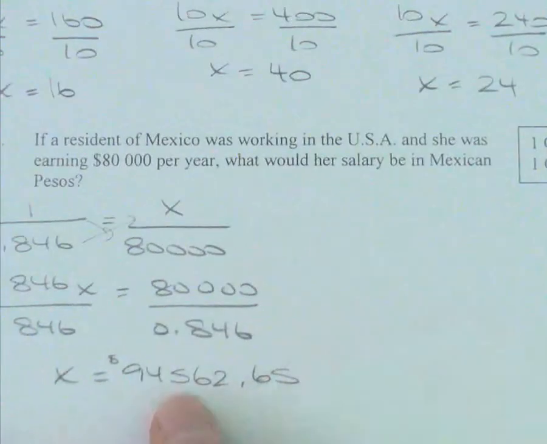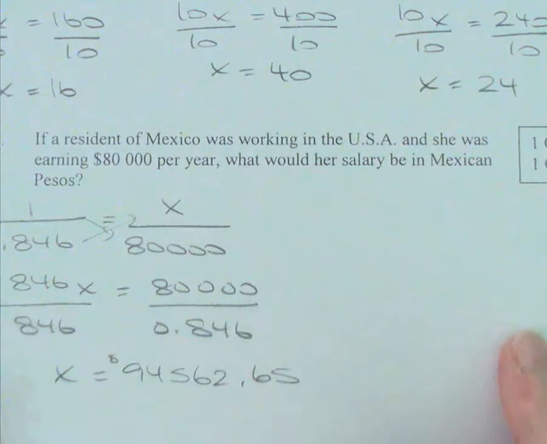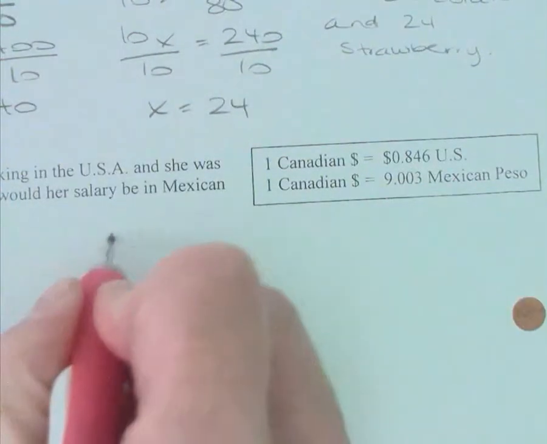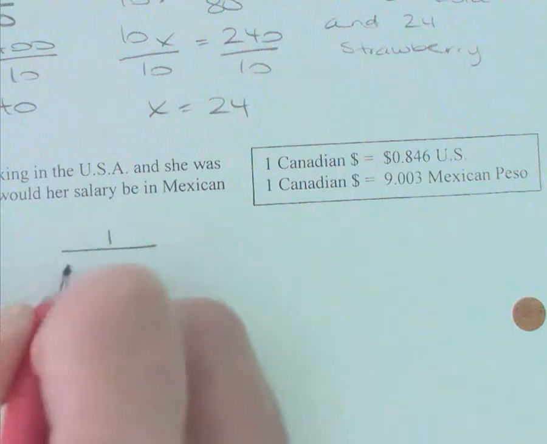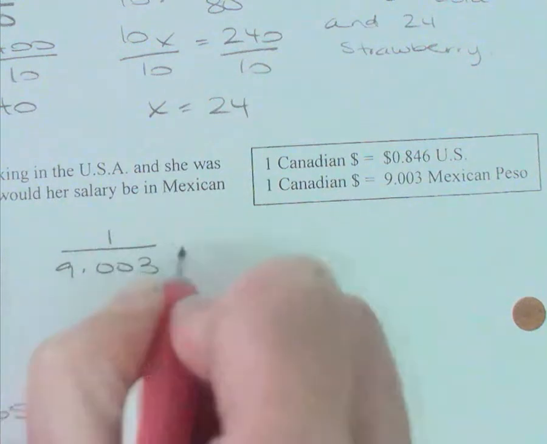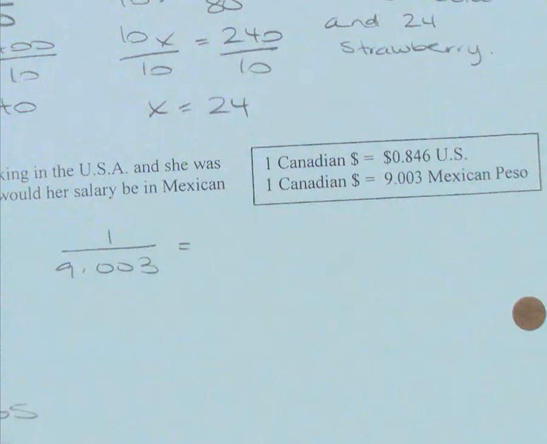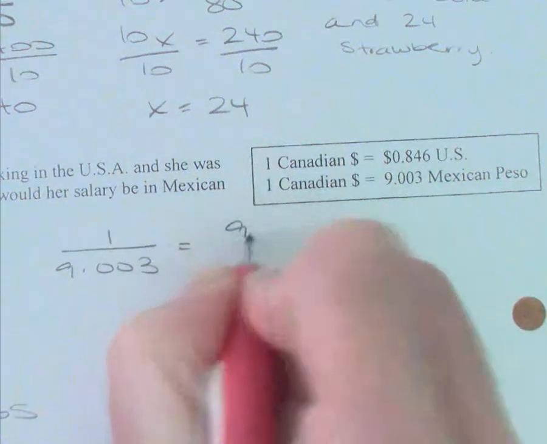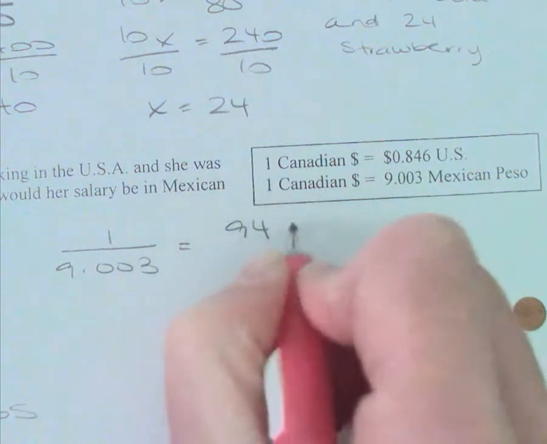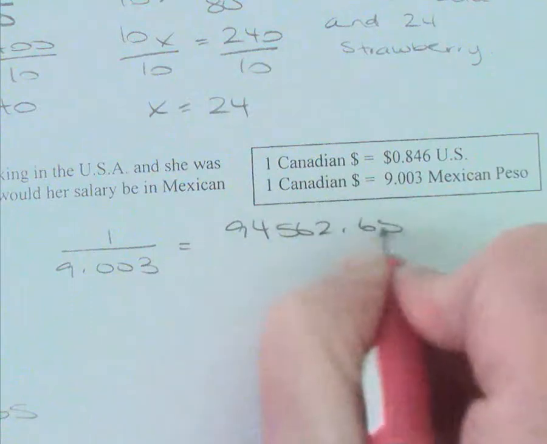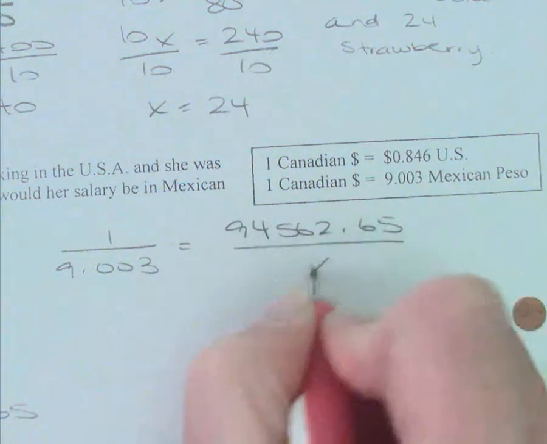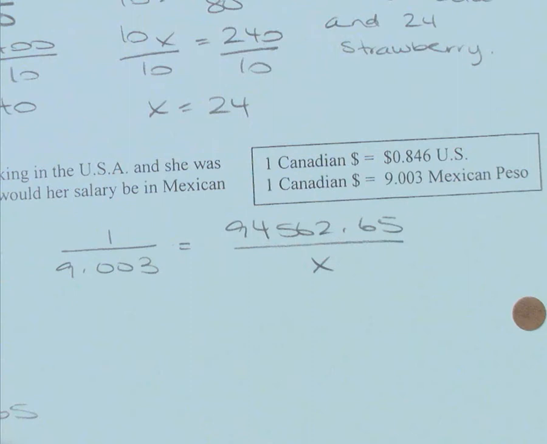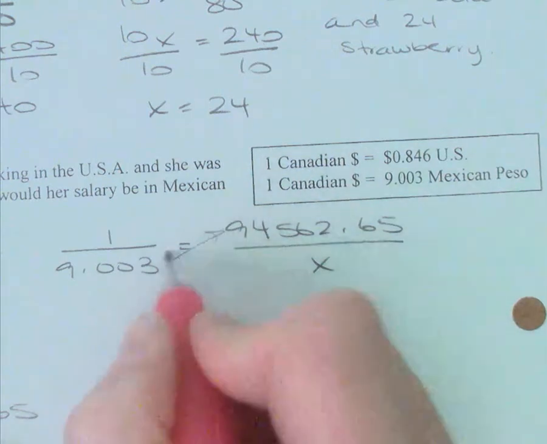Now I need to convert that Canadian dollars into Mexican pesos. So 1 Canadian dollar is 9.003 pesos. I have $94,562.65 Canadian, and I want to know how many pesos that is. So I'm going to cross multiply.